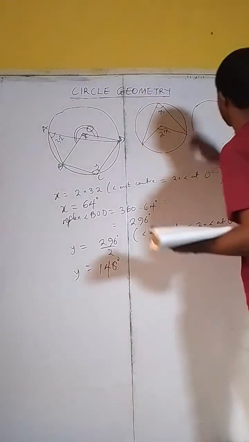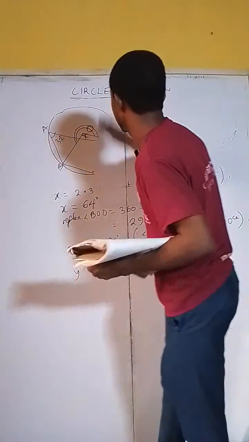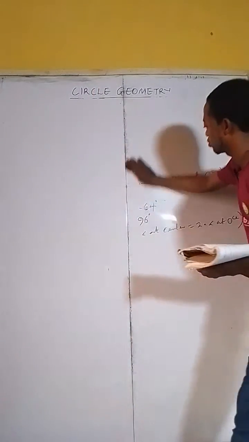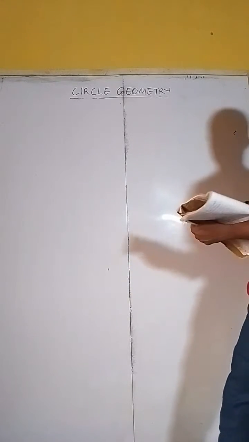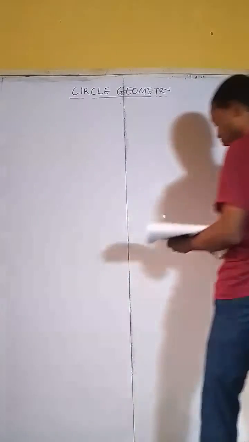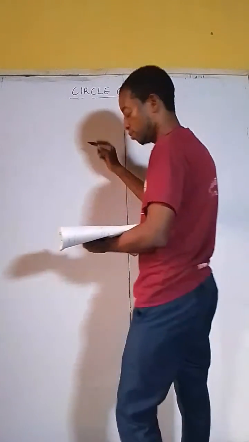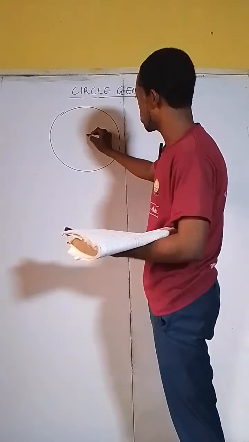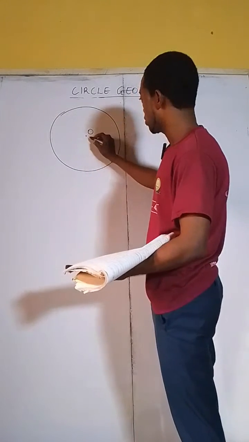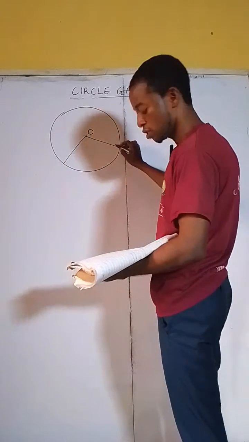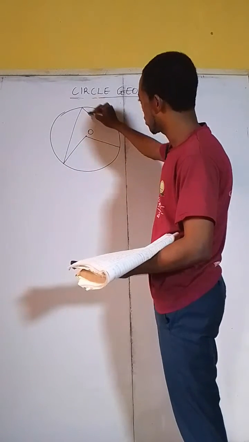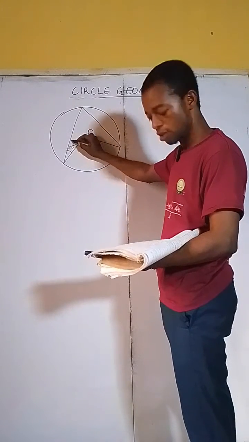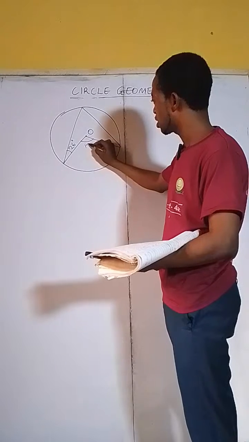So we are given this diagram, which is centered at point O. Then we have this as radius, also this as radius. This angle at the circumference is labeled as 26 degrees. Here, the angle at the center is labeled as 130 degrees.